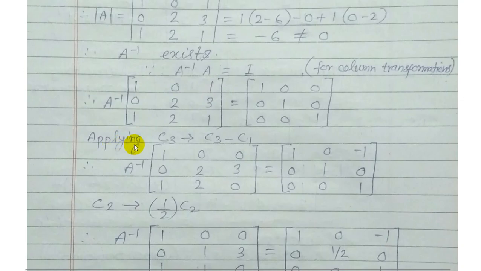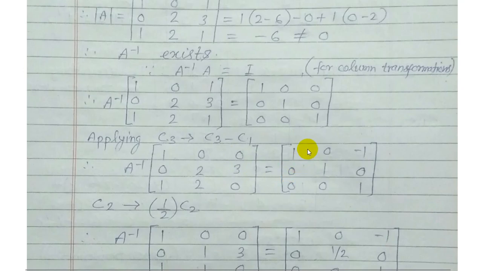So applying C3 changes to C3 minus C1. First column as it is, second column as it is, A inverse as it is. But in the third column, 1 minus 1 becomes 0, 3 minus 0 becomes 3, 1 minus 1 becomes 0. So this is C3 minus C1. We get 0, 3, 0 in column number 3.